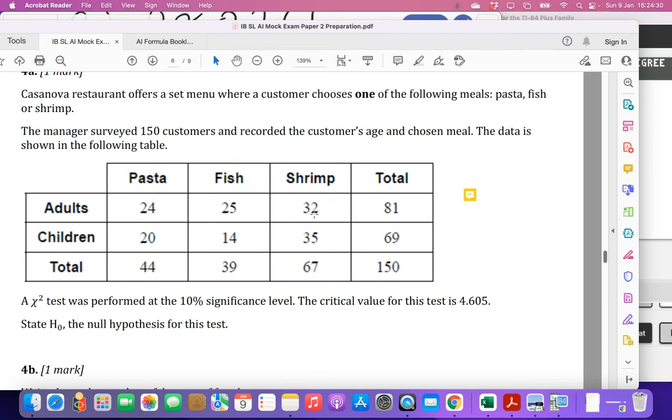So I'm going to do 81 over 150 plus the probability of shrimp here, and I can't get an answer of more than 150. If I had that in there twice, I would have a probability of greater than 1. So I've got to take that 32 away from this 67, which makes it 35.